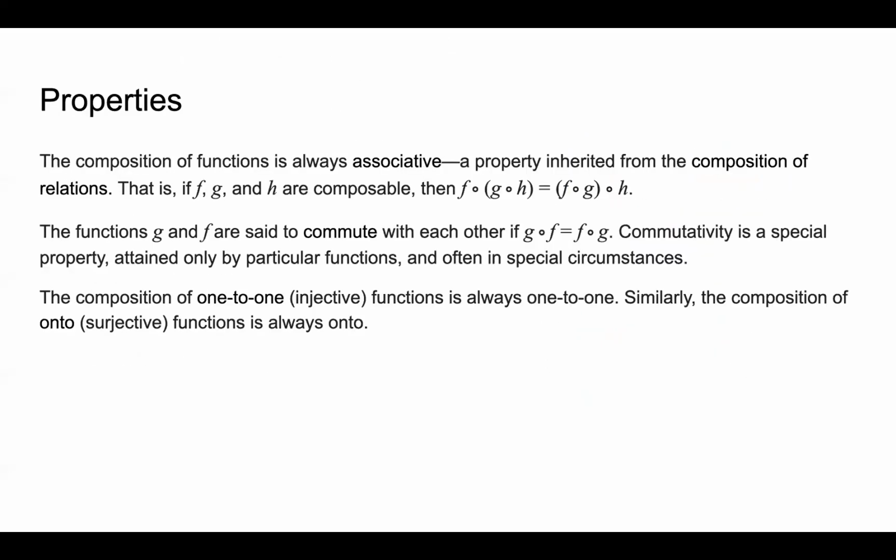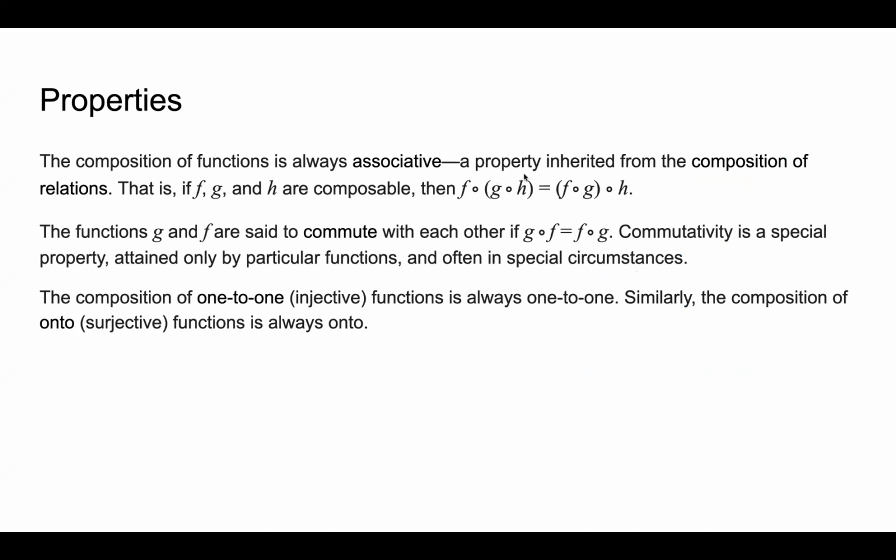The composition of functions is always associative. A property inherited from the composition of relations, that is, if f, g and h are composable, then f composite g composite h is equal to f composite g composite h. We can shift the brackets here. The result will be the same.